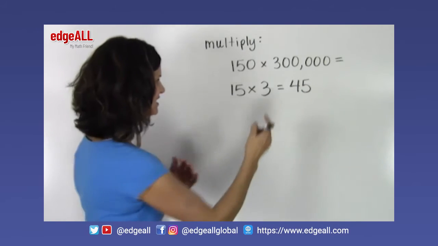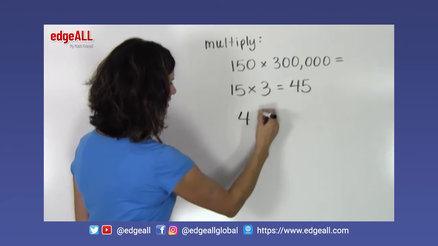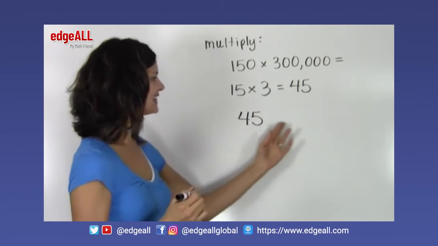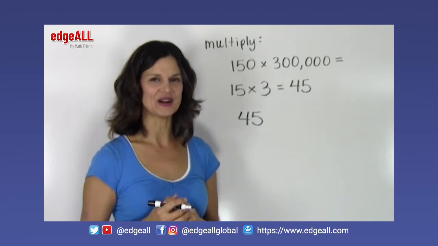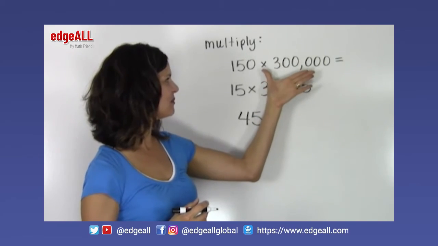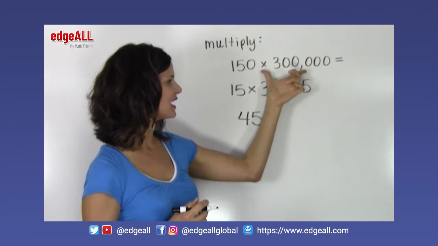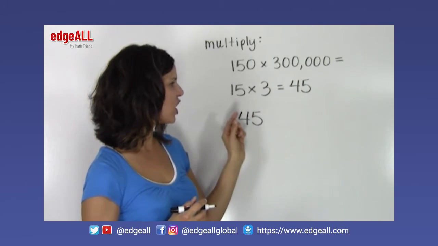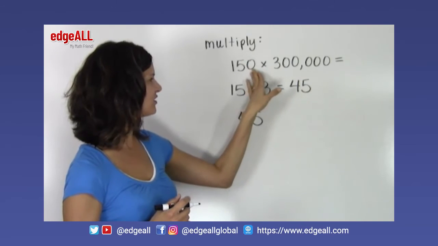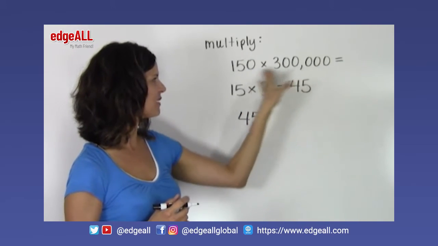That is a simple calculation. Now all I need to do is take that 45, and at the end I am going to add as many zeros as I count in both of my numbers. So I take my product and then I add the total number of zeros that are at the end of both of my numbers.